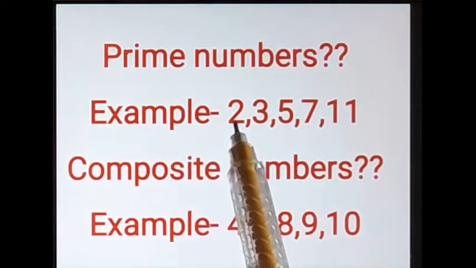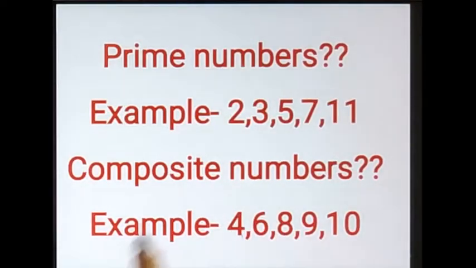In prime numbers there were only 2 factors, isn't it? But in a composite number we can get more than 2 factors. Similarly, 6 is divisible by 1, by 2, and by 3. So here more than 2 factors are available to divide the number. So these numbers are called composite numbers. I hope you are clear with these two terms, prime number and composite number.